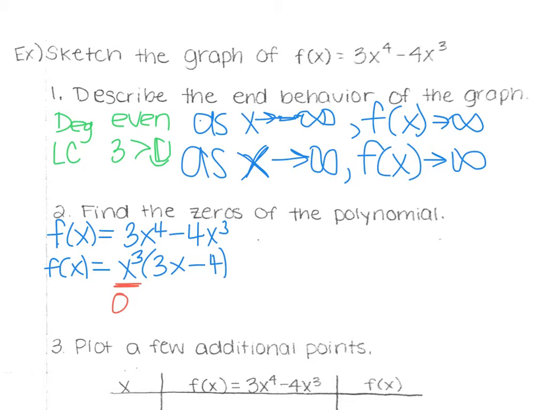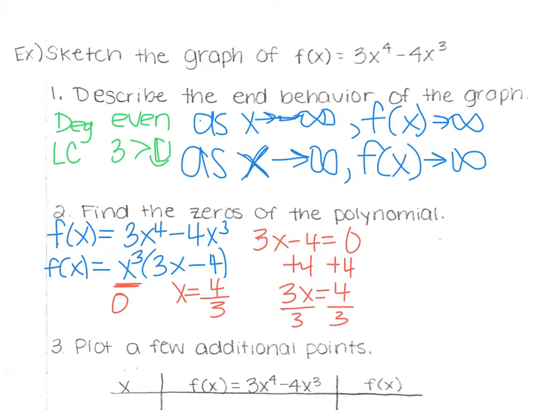Then we can set 3x minus 4 equal to 0 and solve: 3x equals positive 4, divide by 3, giving x equals 4/3. You want to leave this as a simplified improper fraction. You wouldn't want to give something like 8/6, but 4/3 is perfect.